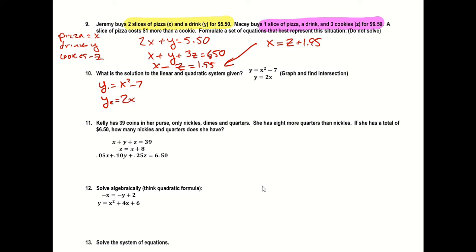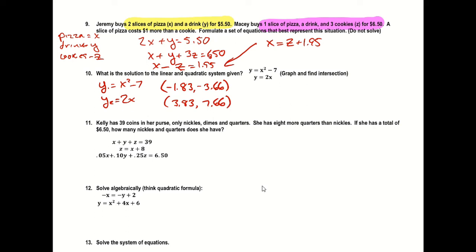Graph them, second trace intercept, find your intersections, and you should have negative 1.83, negative 3.66. And then your second one is 3.83, 7.66.